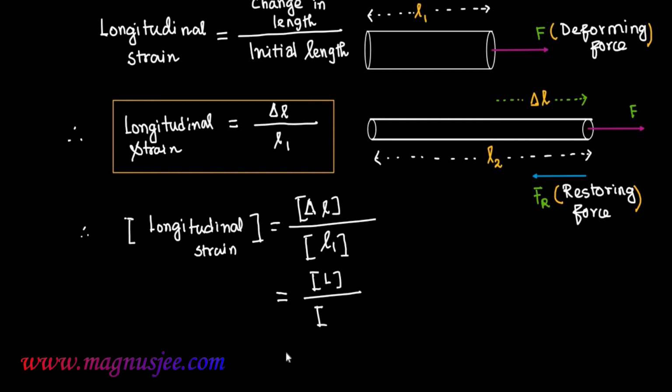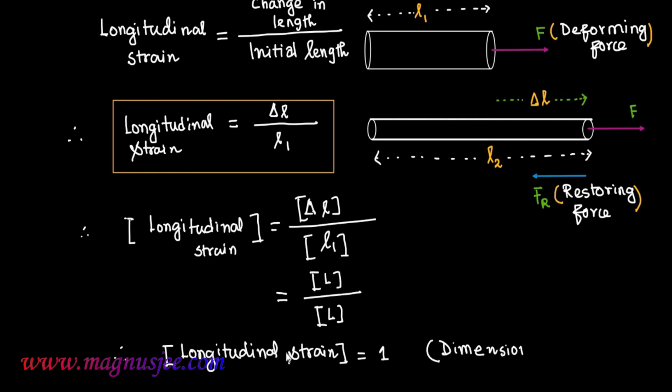Dimension of delta L is L, and dimension of initial length L1 is also capital L. So finally dimensions of longitudinal strain equal 1, dimensionless. That means longitudinal strain is a dimensionless quantity.